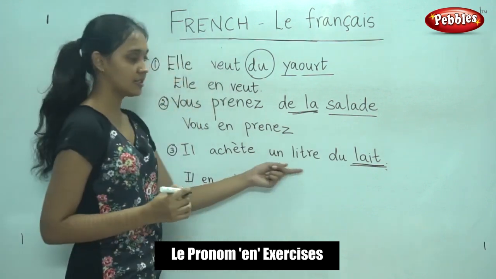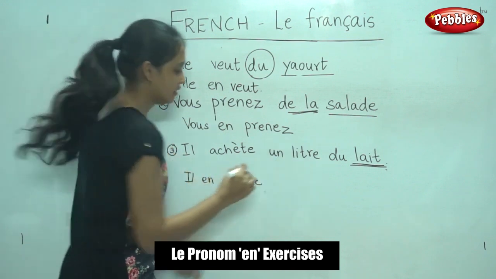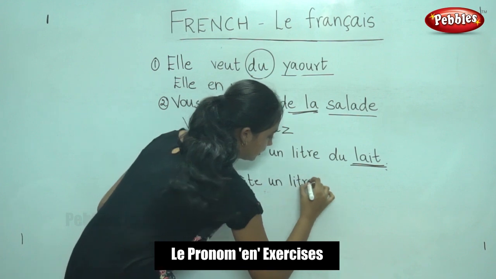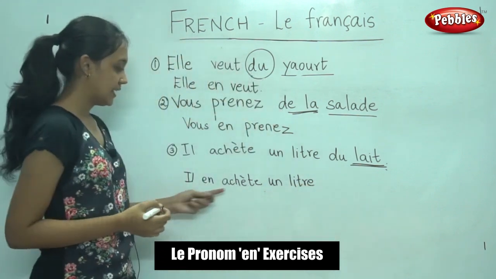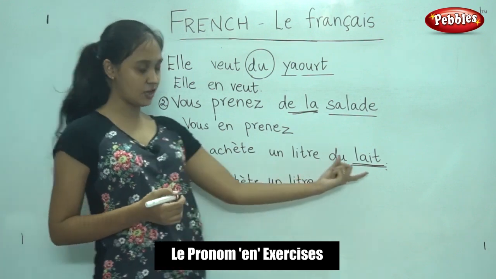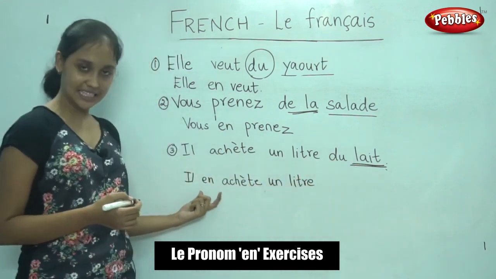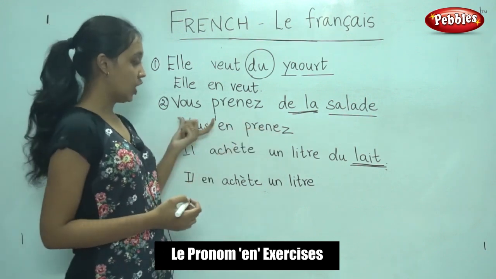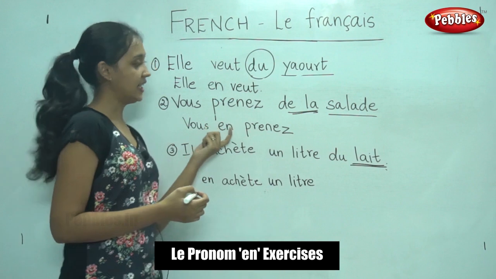And you should write the remaining sentence. If there is anything remaining, you need to write that as well. Un litre. He buys a liter of it. Instead of lait, we are writing en, meaning it. Vous en prenez. We take it.